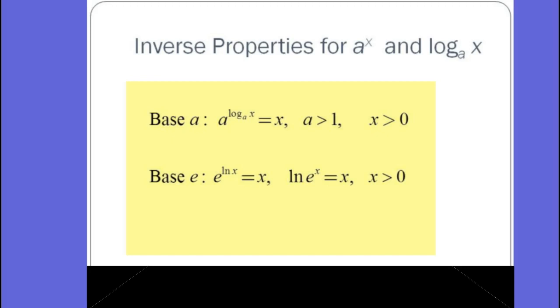So if you plug one into the other, you get x. That's why you use e and natural log to cancel each other out when you're solving for x that's locked away up in an exponent or in a log. You use e to cancel the natural log because they're inverses and it's the identity property.